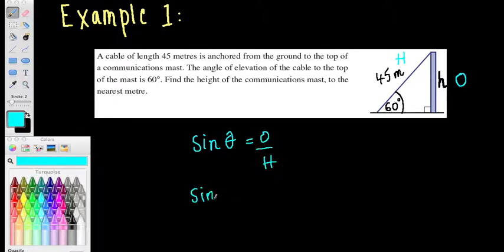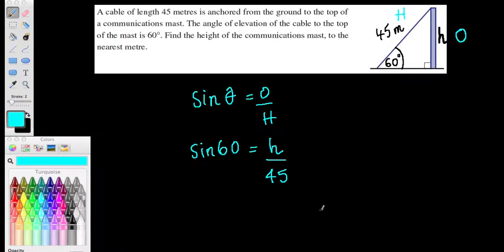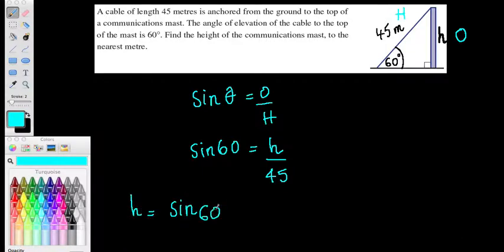Next step, substitute your values in. And finally, let's multiply both sides. I might write H equals sine 60 times by 45.